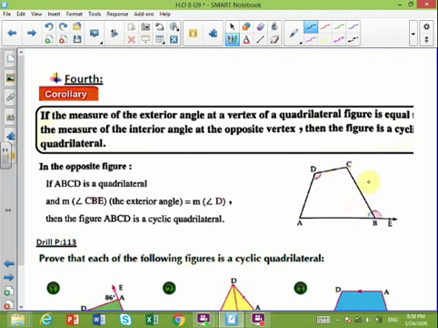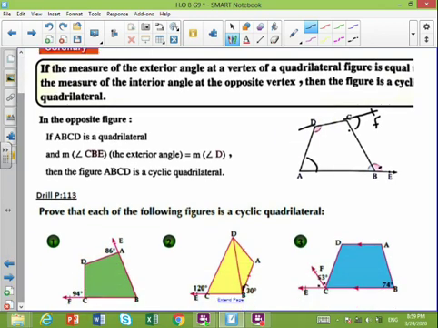So if measure CBE equals measure D, then the figure is cyclic. And also if I draw the exterior angle from here, for example measure FCB equals measure A, it is cyclic. And if you draw from here, and so on.